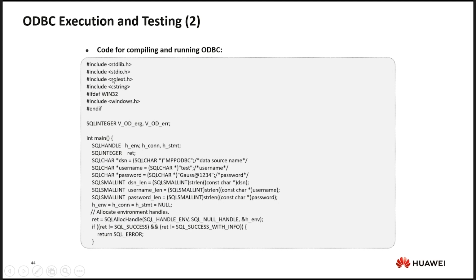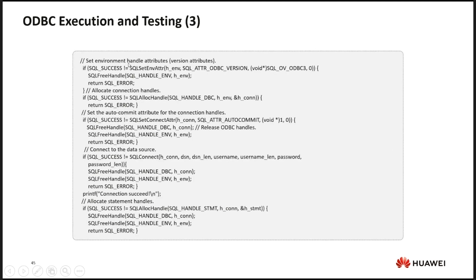And here is an example. You get all those predefined variables here. What is most important is you need your database data source name here. You need your username here, your path name, your DSN, etc. Then you allocate an environment handle, using SQLAllocHandle.